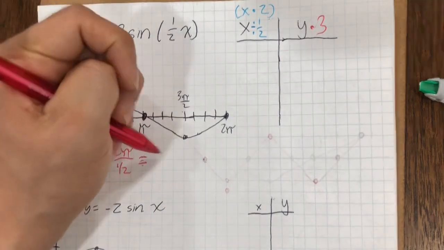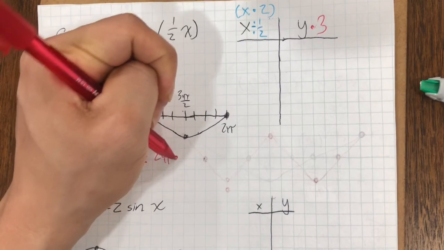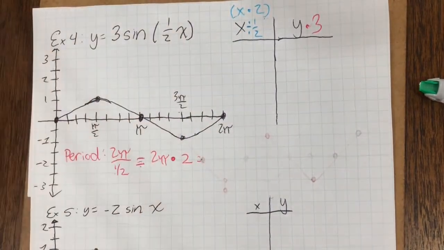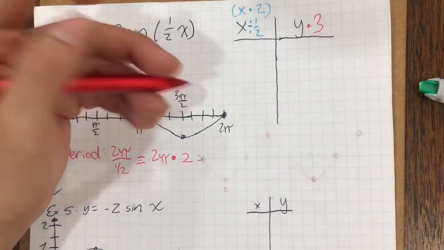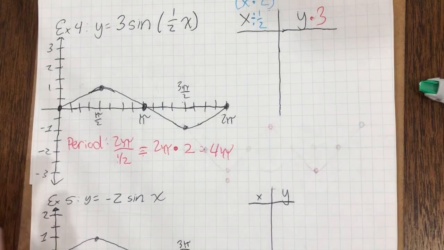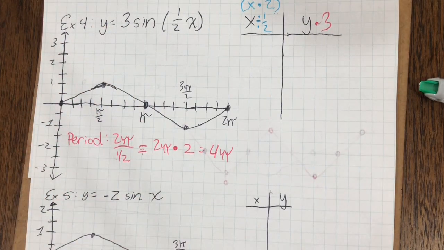I keep this. I change the division to a multiplication, and I flip this fraction into 2 over 1, which is still 2. So 2 pi times 2 becomes 4 pi. So that means that the period for this function is going to be 4 pi. Which means that after 4 pi, that's when the graph starts to repeat.